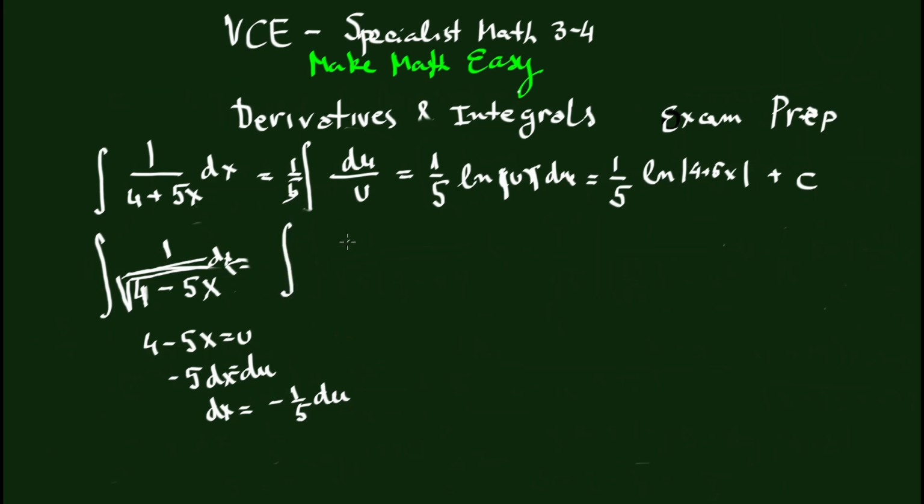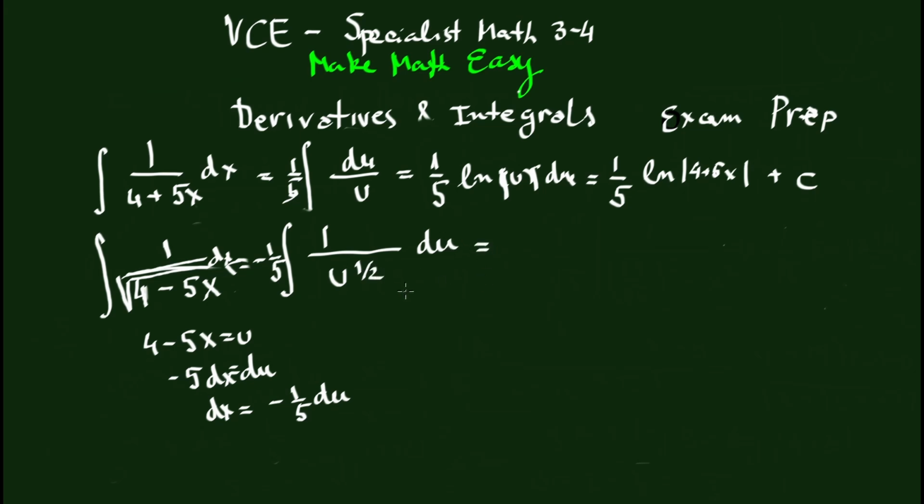Now if we put the substitutions back, for the dx we will have minus 1/5, and 1 is above the line. We'll have du, and down the bottom we'll have our expression u to the power of 1/2.